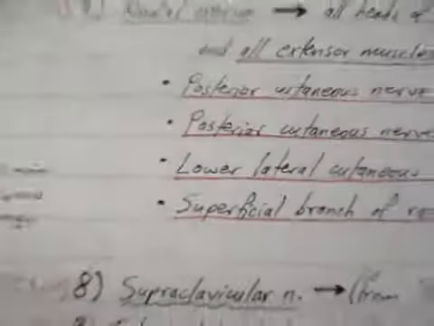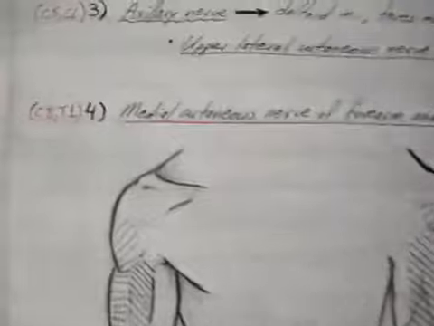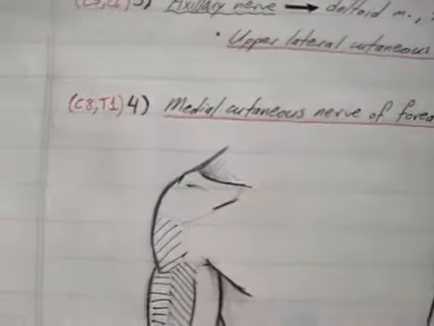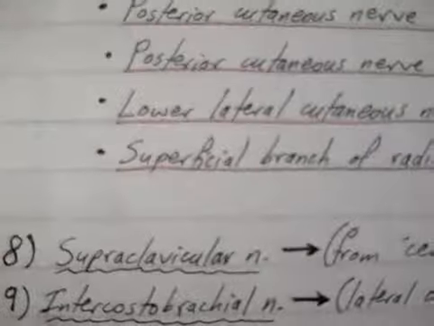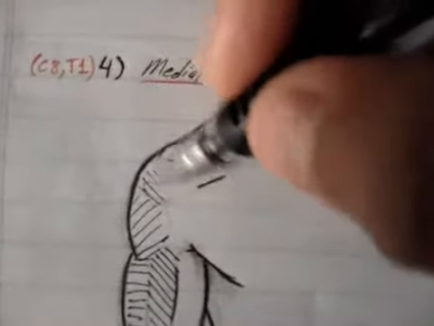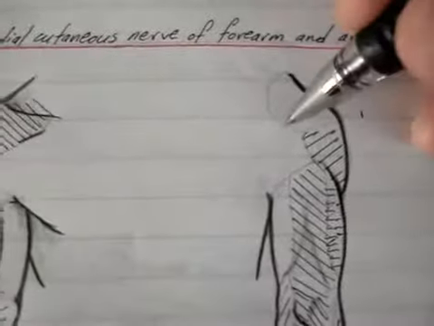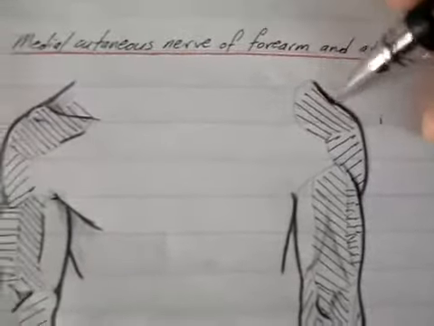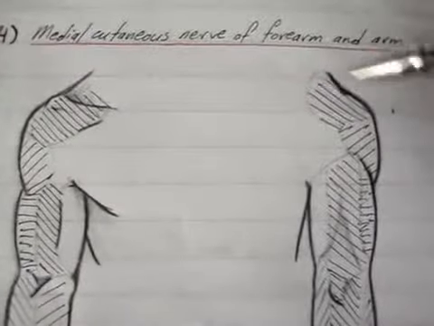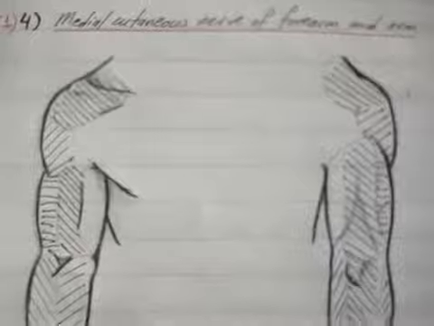So what these nerves innervate is shown here. The supraclavicular nerve from the cervical plexus innervates the top half of the shoulder, both anteriorly and posteriorly. That was the axillary branch, this is the supraclavicular.